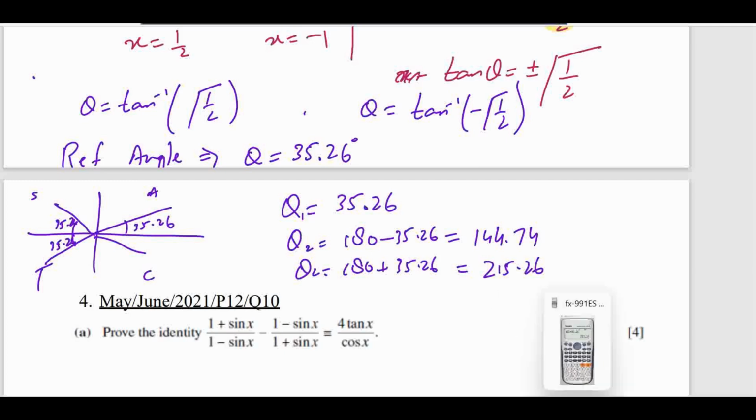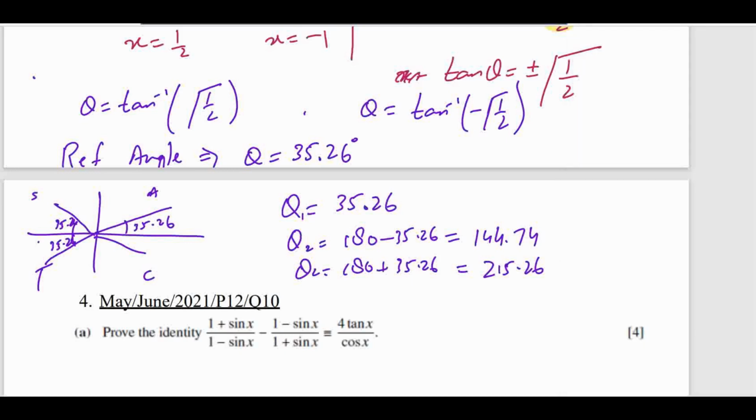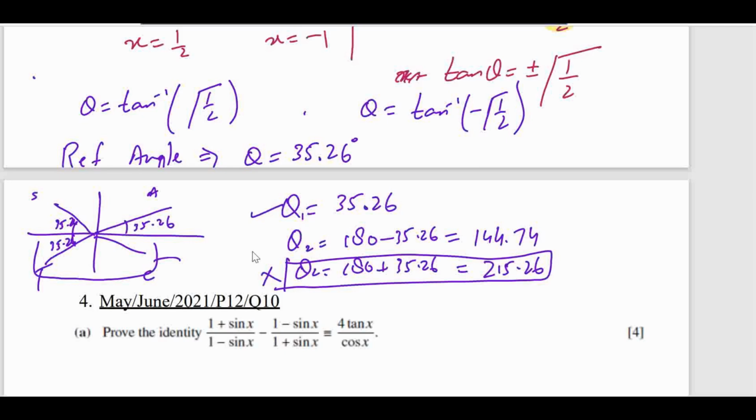But these two will not be in the range, so we will not consider theta 3 and the last one. So 35.26 and 144.74 will be the final answer. I hope the concept is clear. Let's move to the next one.